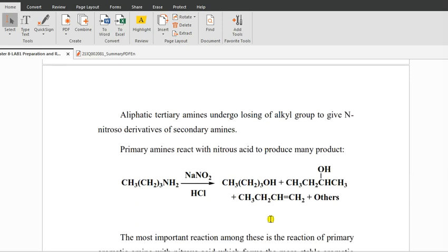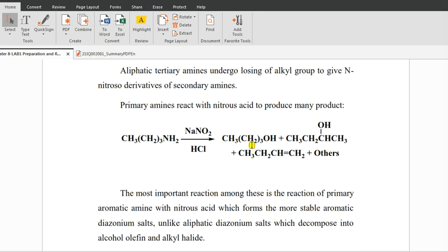And of course the primary aliphatic amine reacts with nitrous acid and produces a diazonium salt, but this diazonium salt is very unstable. We will get different products like alcohols, primary or secondary, depending on the carbocation produced, and maybe by elimination we will get some olefins and other compounds.